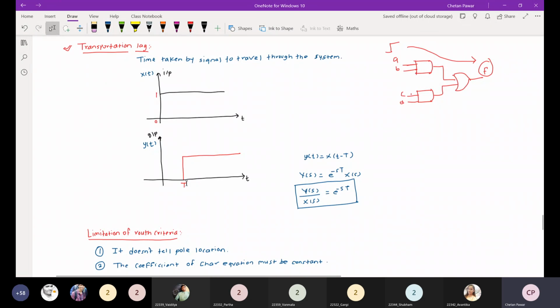The output expression will be y of t equals x of t minus T. If you convert this into the Laplace domain, you get the transfer function e raised to minus sT. This is the transfer function of transportation lag.